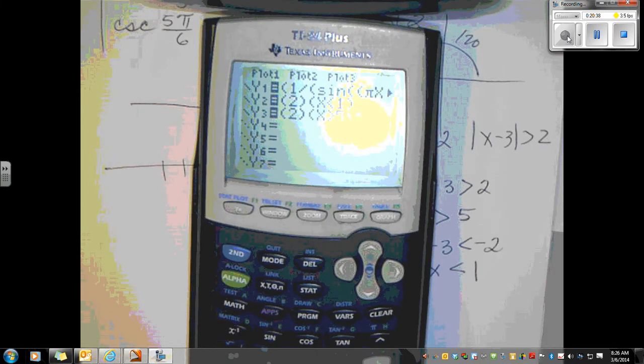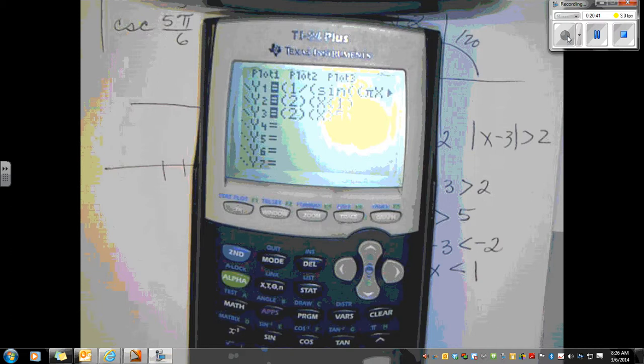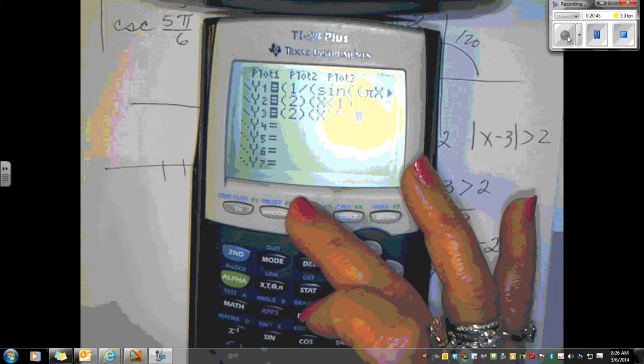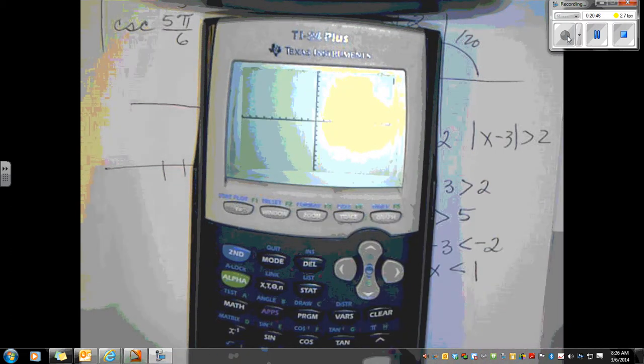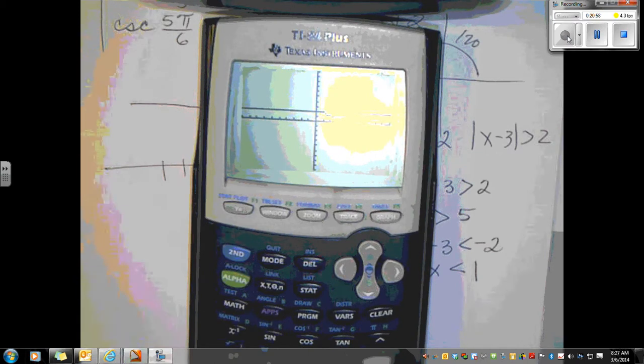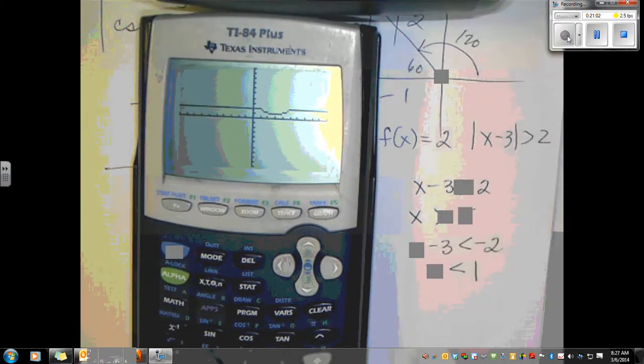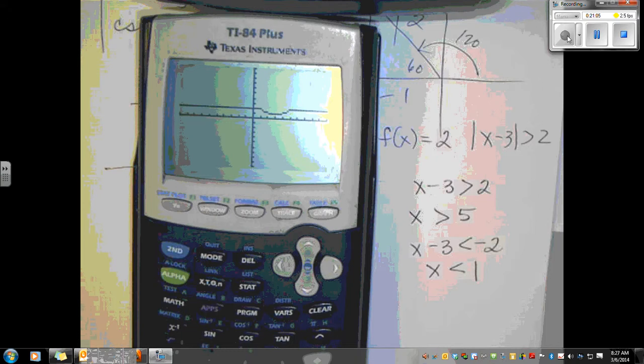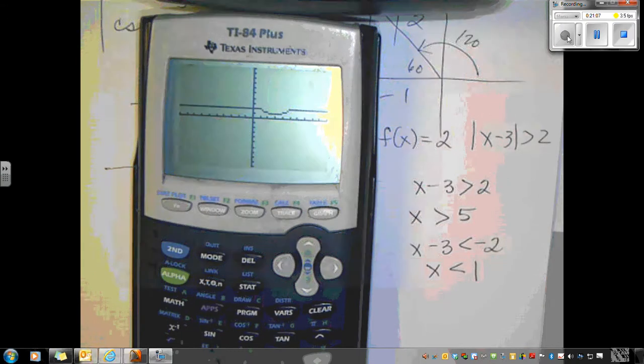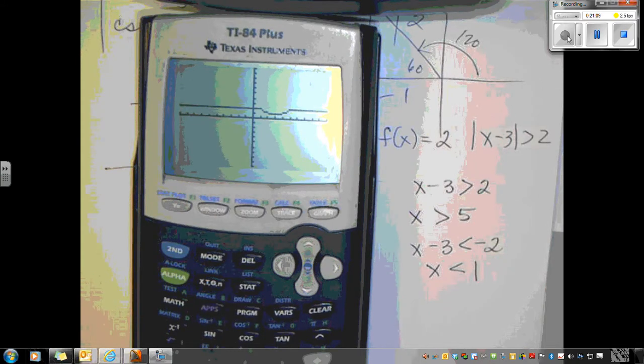Okay, now, I am going to do Zoom 6, or standard. There we go. Okay, so it graphed the whole thing for me. Do you see it? It's because we turned the line thing on.